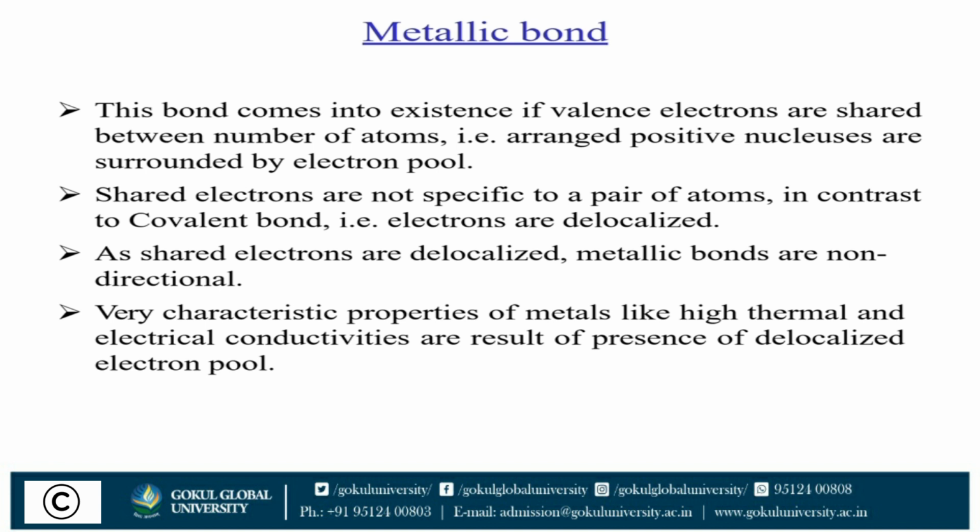That means the electrons are delocalized. As the shared electrons are delocalized, a metallic bond is a non-directional bond. The characteristic properties of metals, like high thermal and electrical conductivity, are the result of the presence of the delocalized electron pool.